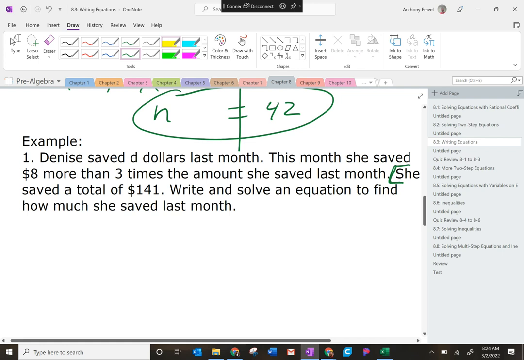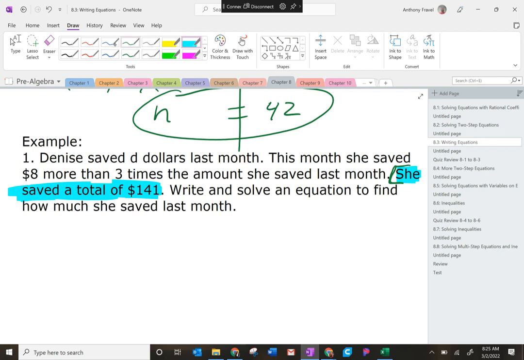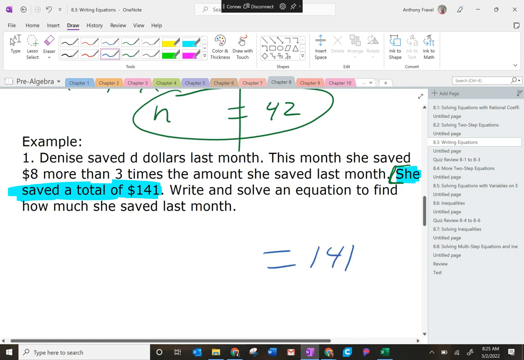Everything from this point on, she saved a total of $141. All of that stuff is going to be on the other side of the equal sign. Awesome job, Austin. So all of this stuff here is going to be with $141.